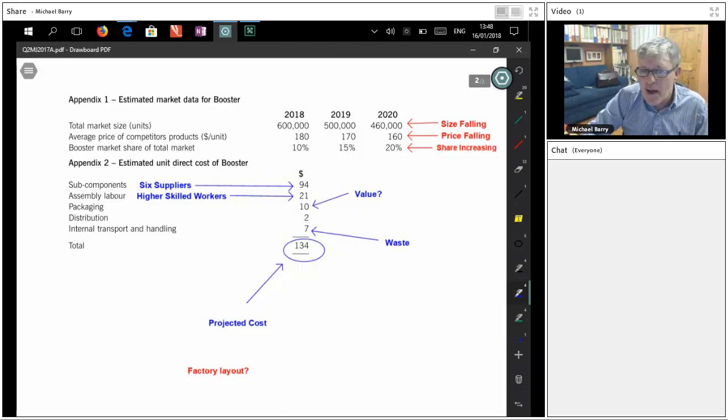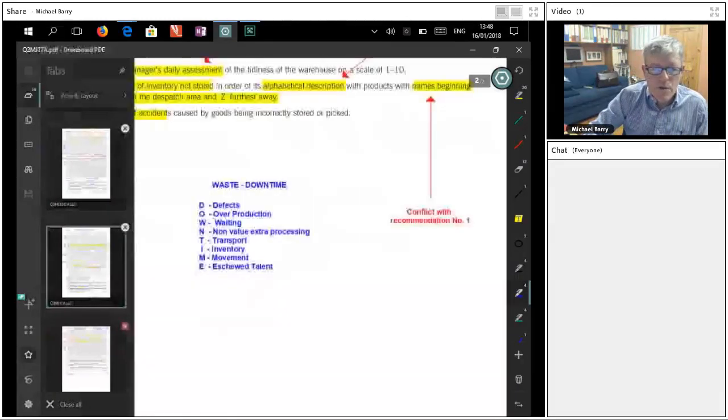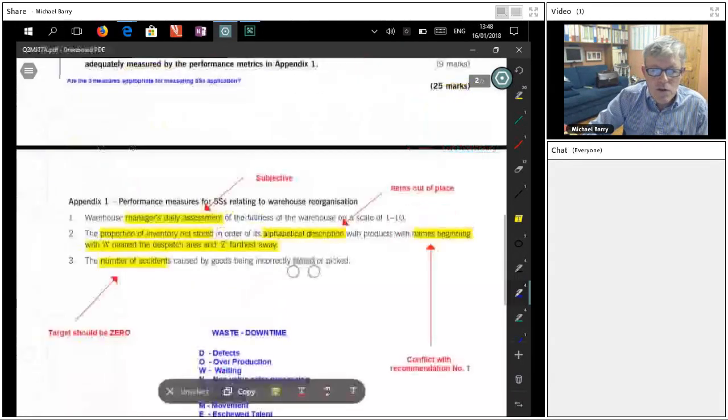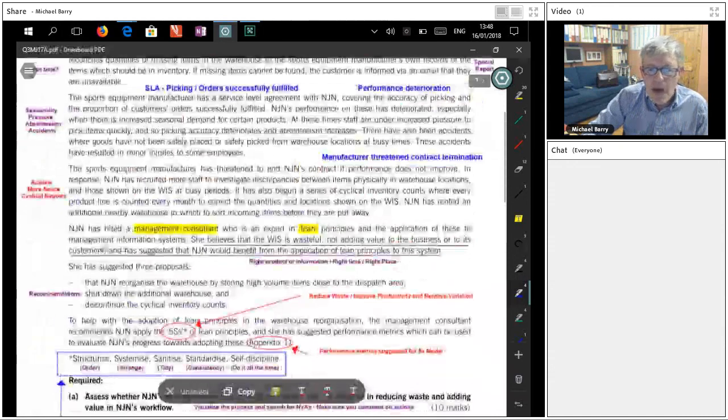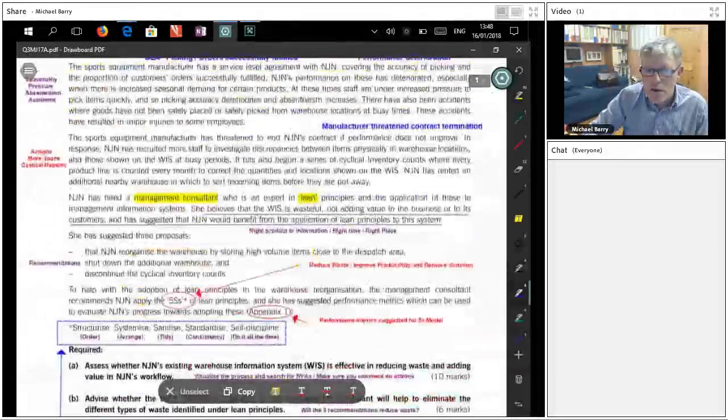I mean, if you're not integrating the contents of an appendix into your response, you're not going to score high. Question 3 on that hybrid paper was on systems. You were looking at a company introducing a new system, and students were required to examine how that new system is going to create a leaner business.